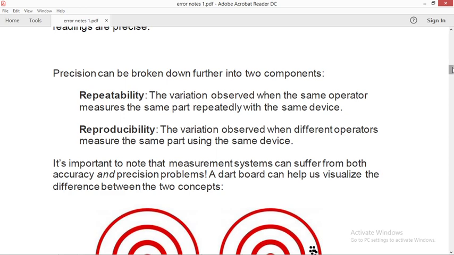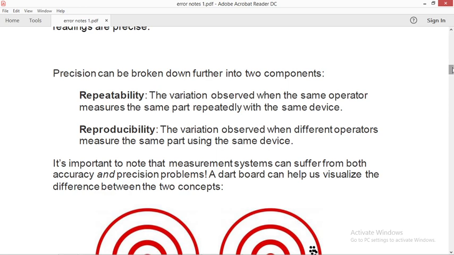You all remember measuring the diameter of a sphere, or the length of a cube using the vernier calipers. At that time we were asked to take the values 3 or 5 times, and in the end we used to take the average. That is nothing but repeatability. You are measuring something using the same device repeatedly, one after the other.